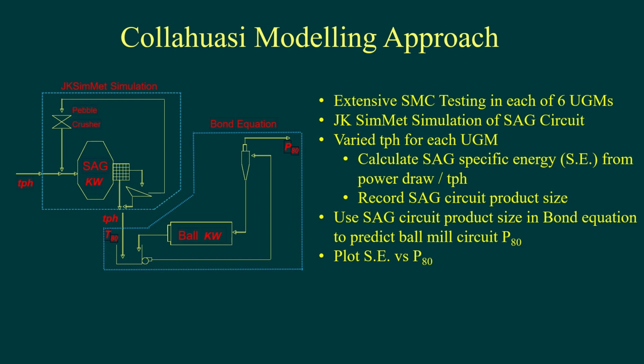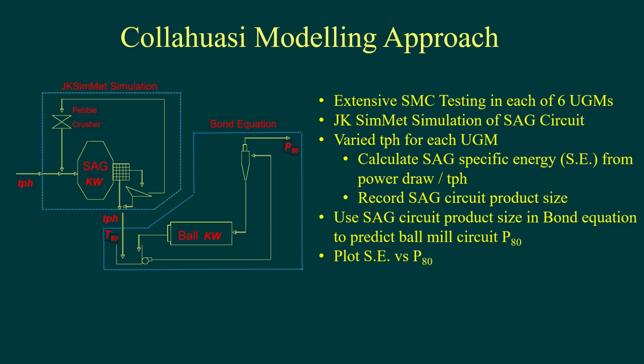And so they were looking to see how that throughput versus specific energy varied and how the product size varied coming out of the end of the mill. Now, they took those product sizes and built for the ball mill circuit, not a simulation model. They simply did some power-based equations using Bond's equation.